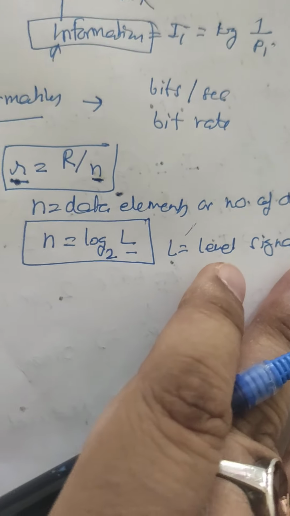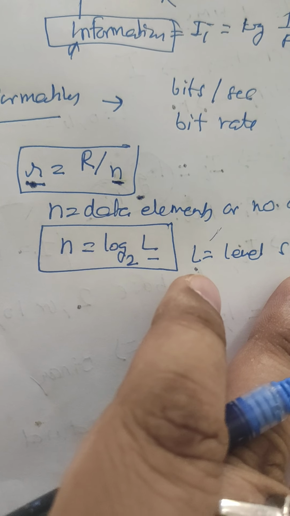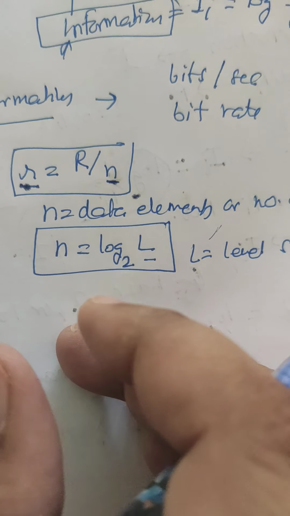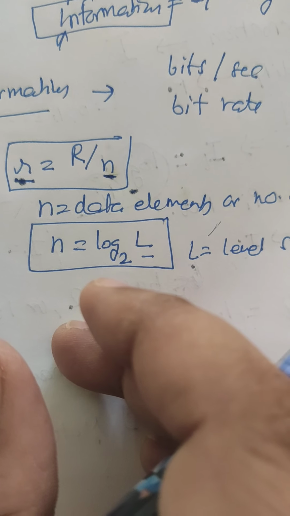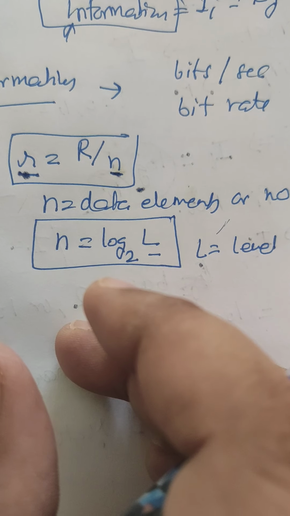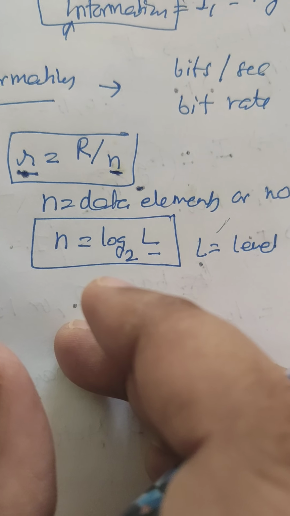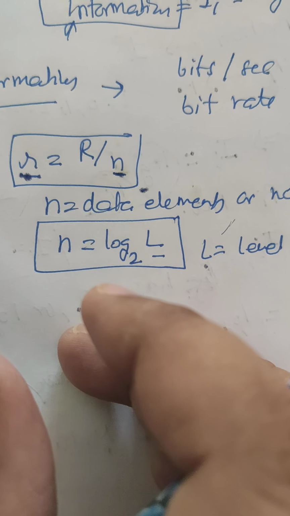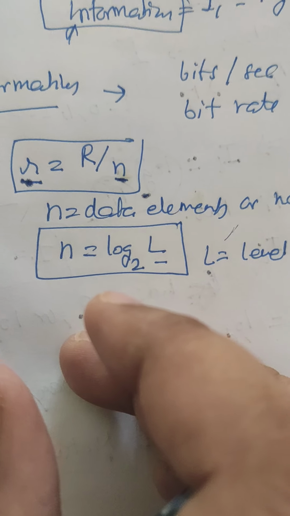The entropy can be defined in terms of n, and the data rate can be given in terms of entropy or baud rate.